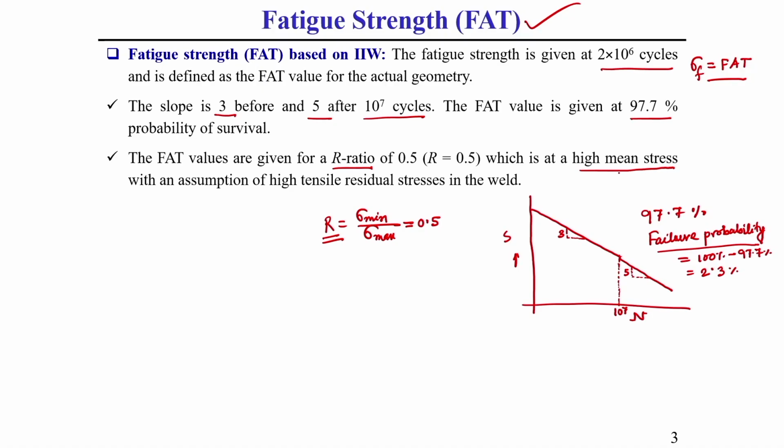That is why this assumption is also included during the FAT experiment to determine this FAT value. That is why they consider a high mean stress, with an assumption of high tensile residual stress in the weld.